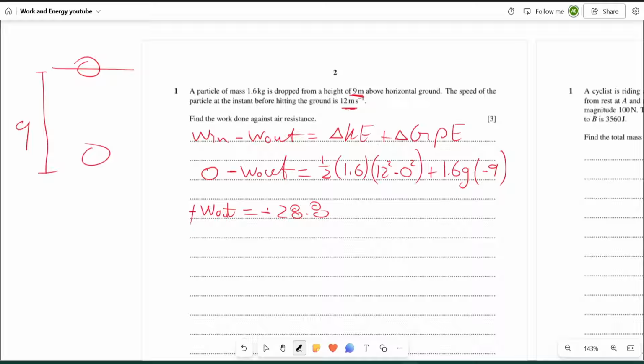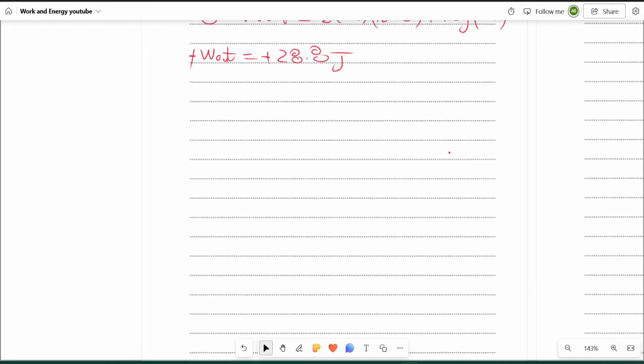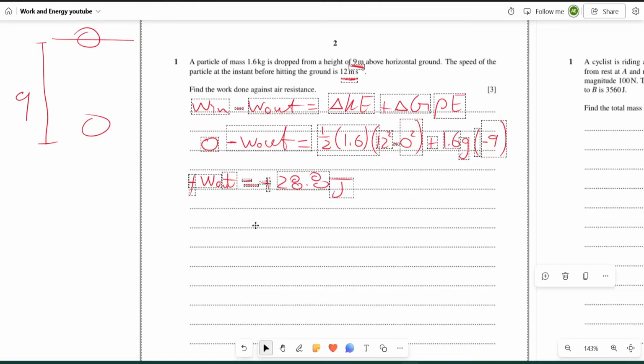So cancelling these two signs, work out is going to equal 28.8 joules. This is going to be my answer, and this is how to apply the work energy principle. This is our first time applying it. Okay, this was an easy 3-marker.